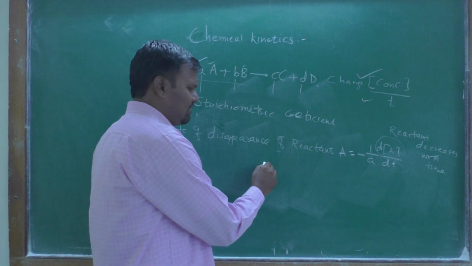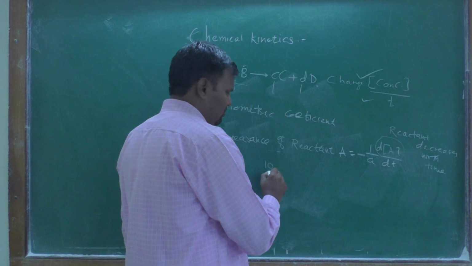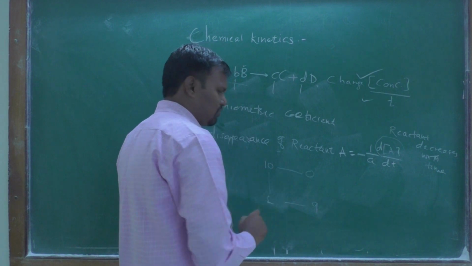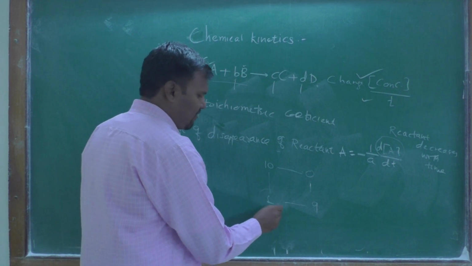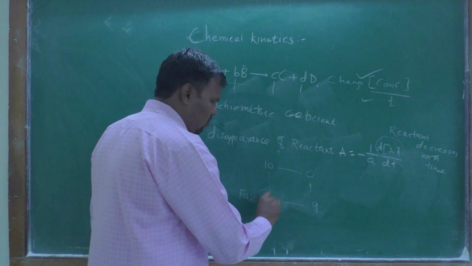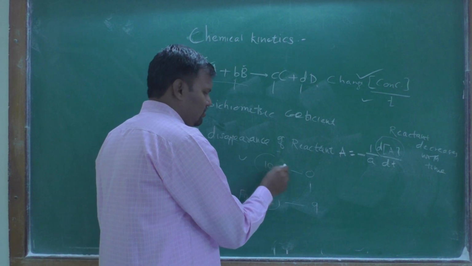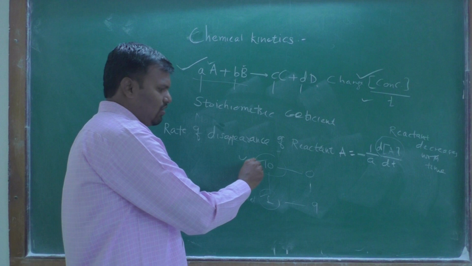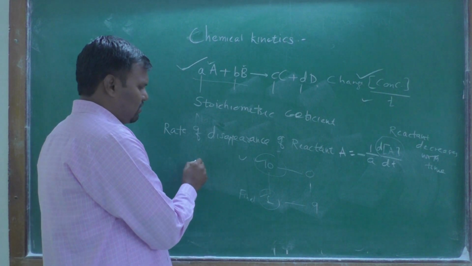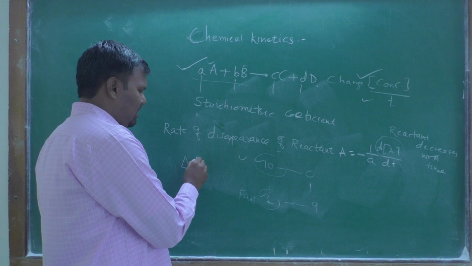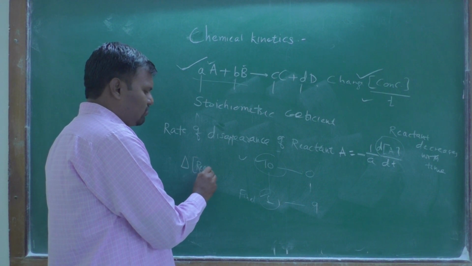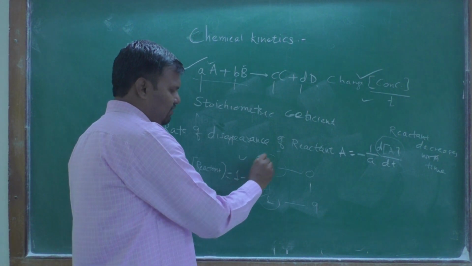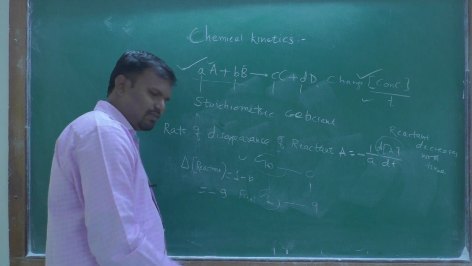As we said previously, at the start there were 10 molecules, after that it reduces to 1 and 9 is the product obtained, while at the start the product was 0. Therefore, the change in concentration of reactant is the final concentration minus the initial concentration, which is minus 9.